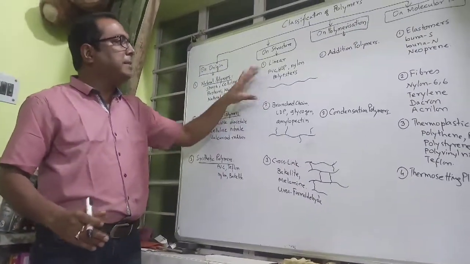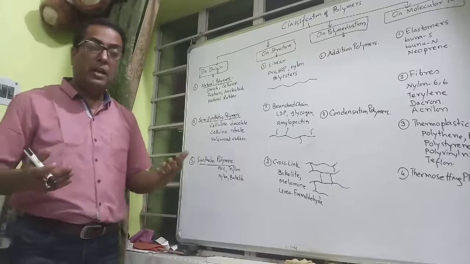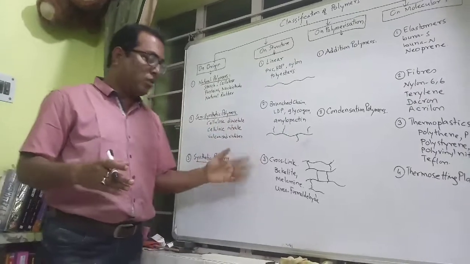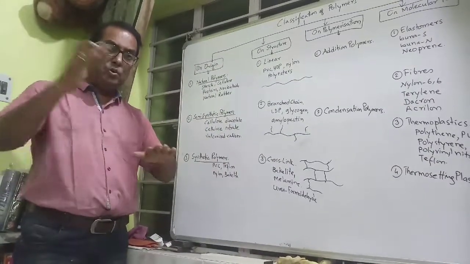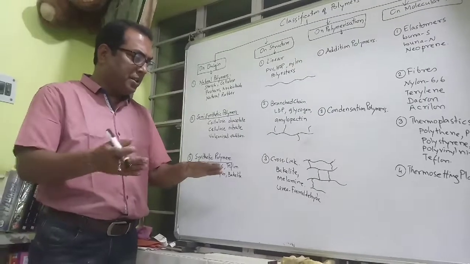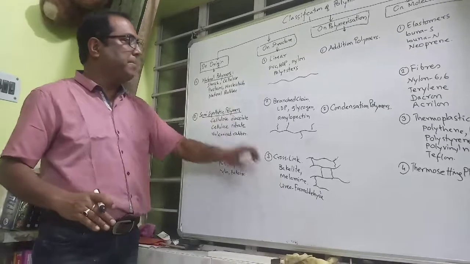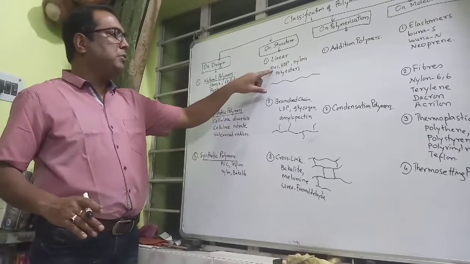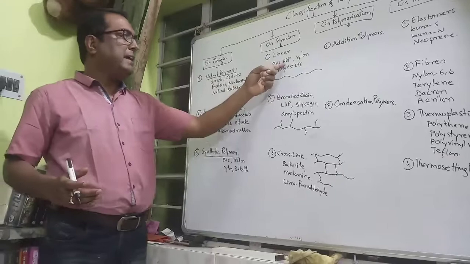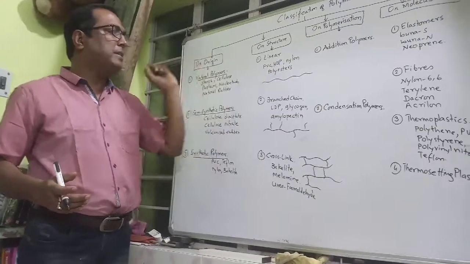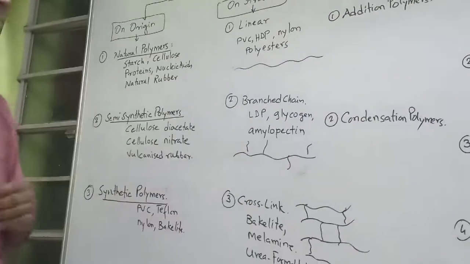So branched and linear polymers, they are usually of high density, but the cross link, you cannot just put one after another layer to it, you cannot fold it, and so it is of low density. Linear polymers include the PVC pipes, the HDP, that means high density polythene, nylon and the polyesters.